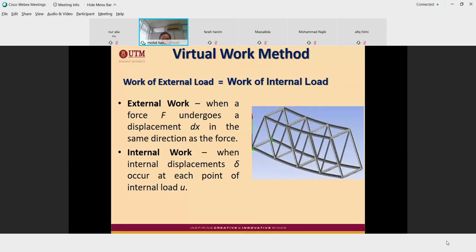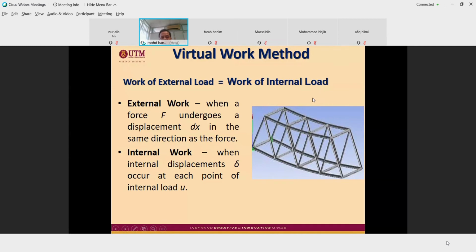What is the virtual work method? You can find the definition of the virtual work method in the textbook. But the principle here is that work of external load equals work of internal load. This is similar to conservation of energy.